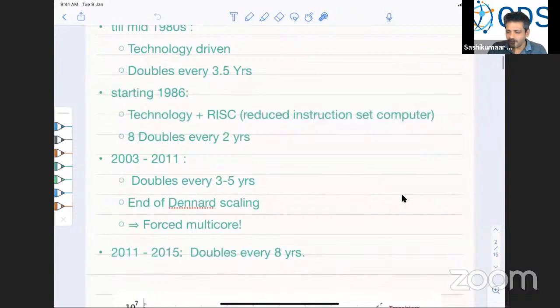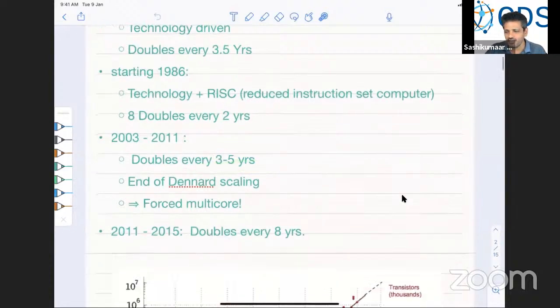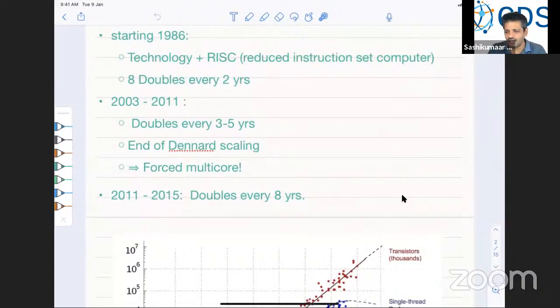But after 2004, during the period to 2011, the speed growth decreased. We have seen 3 to 5 years it took to double, and of course the end of Dennard scaling. This is the period which forced us to rethink the architecture.